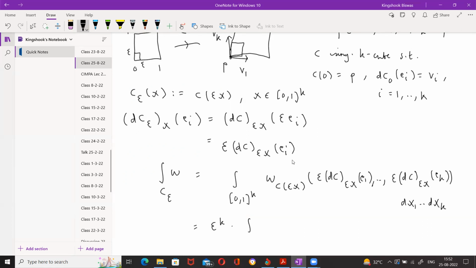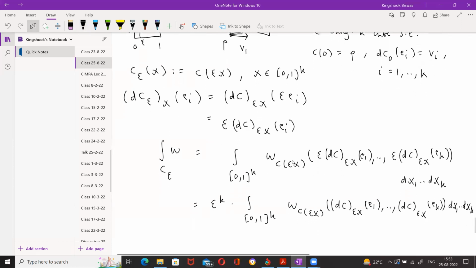And then I have this integral over [0,1]^k of omega of C of epsilon x applied to dC at epsilon x e_1 up to dC at epsilon x e_k, dx_1 ... dx_k.